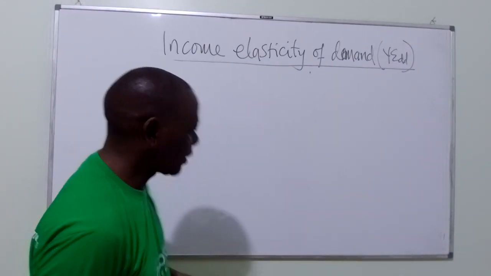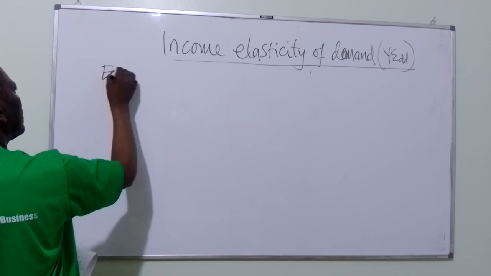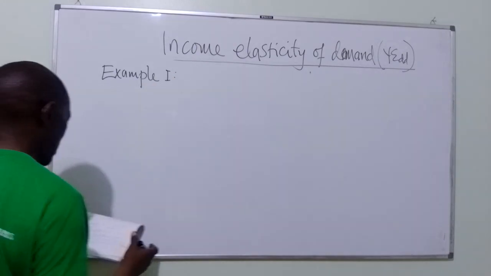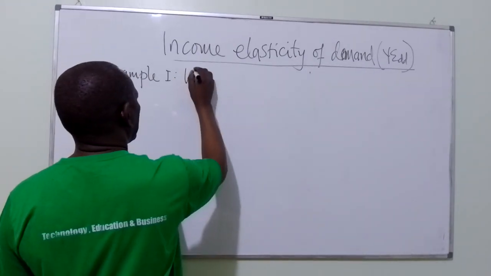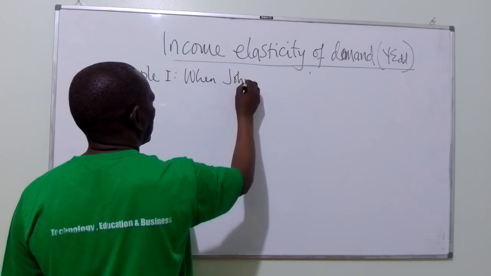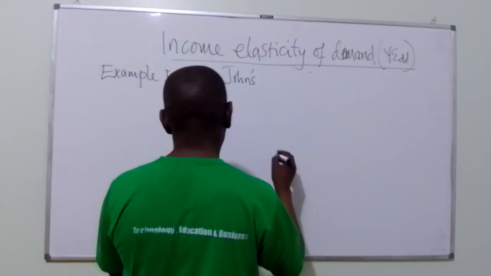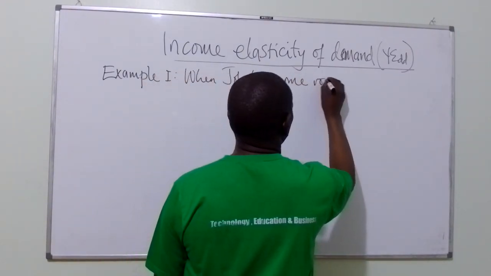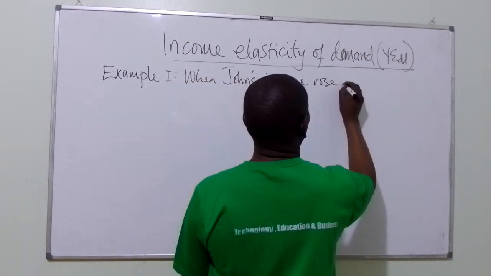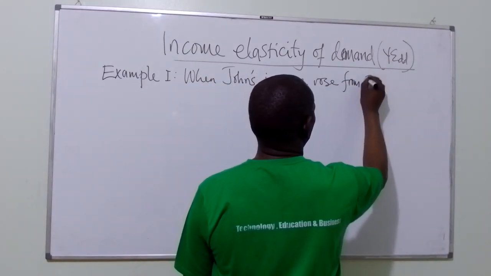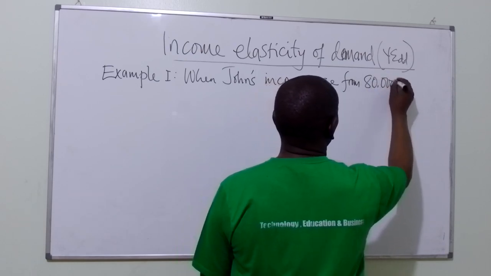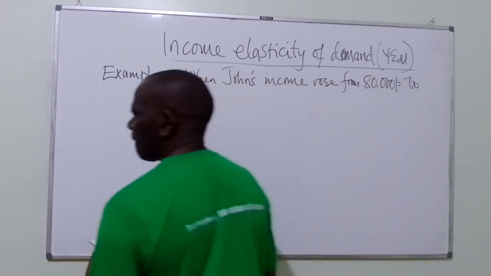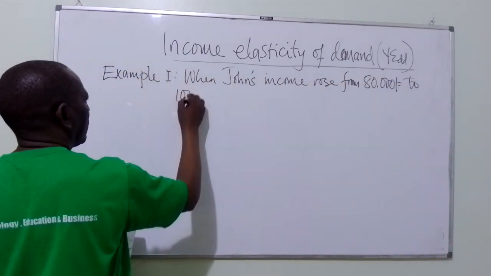So, we say example 1, and we are saying when John's income went up from 80,000 shillings to 100,000.